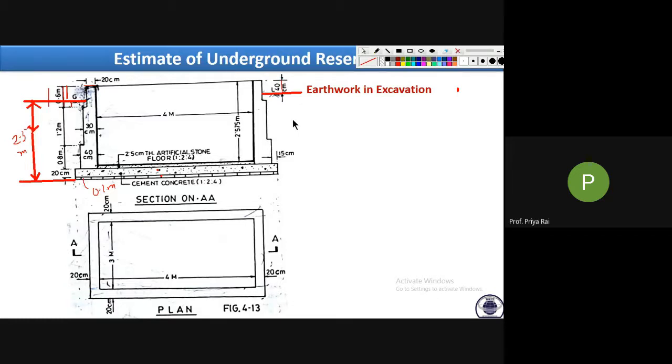Is it clear? Yes ma'am. Okay, now see, earthwork in excavation is what? It should be in meter cube. Yes, it's a volumetric work, right?